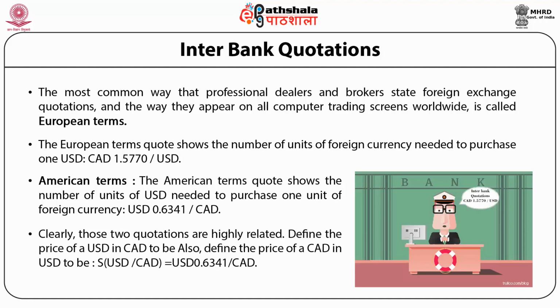Defining the price of US dollar in Canadian dollar also defines the price of Canadian dollars in US dollars. If we need to convert the US dollar into Canadian dollar or Canadian dollar into US dollar, we need simply to multiply the rate of one currency by the number of units.